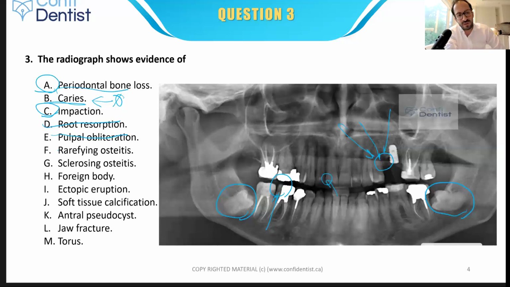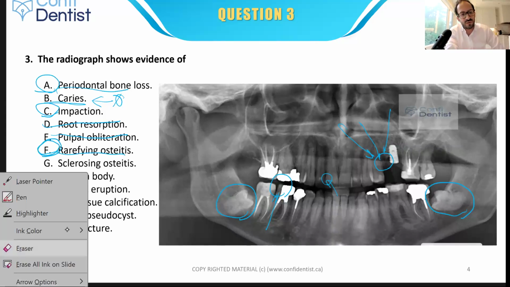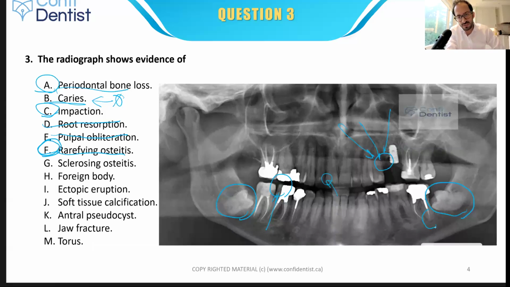A very borderline case of rarefying osteitis. Where do we have it? I have it here. Very risky. Maybe it's safer not to choose this option, but I can see that lesion over there. That's radiolucency. No sclerosing osteitis.